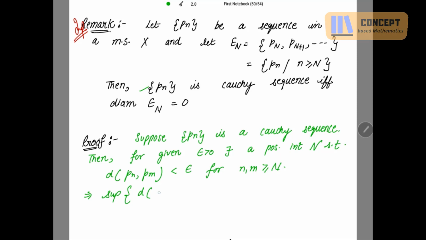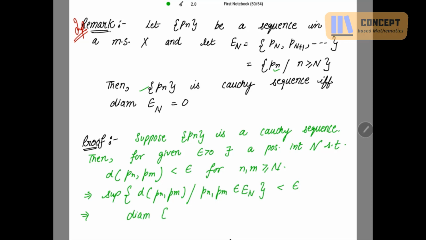So the supremum distance, where Pn and Pm belong to En, it is given, right? This is less than epsilon because the sequence is a Cauchy sequence. So all the distances, even the supremum distance, are less than epsilon. And this supremum distance is nothing but the definition of the diameter of En. So can I write this as the diameter of En? Yes.